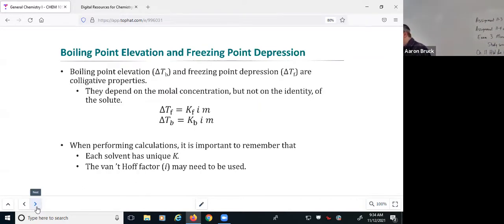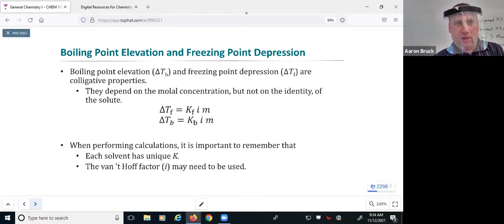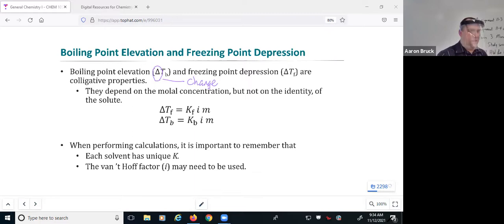We can quantify these changes using these two equations. And the difference here, what we're talking about are changes. So the Greek letter delta here indicates that we have a change occurring.